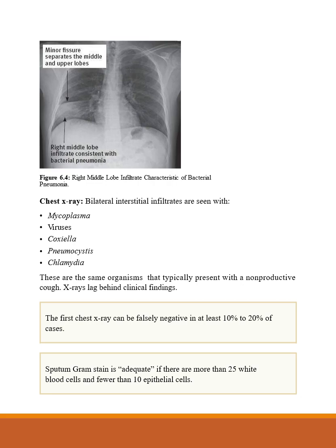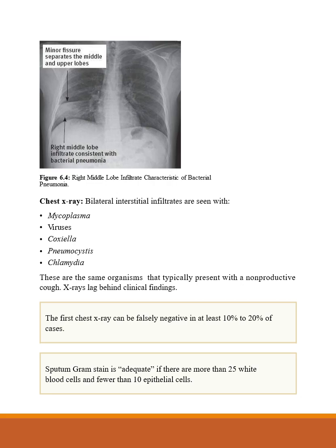The next slide, figure 6-4, shows a right middle lobe infiltrate, which is characteristic of bacterial pneumonia. On the lower part, we have a right middle lobe infiltrate consistent with bacterial pneumonia, and we have the minor fissure which separates the middle from the upper lobes.